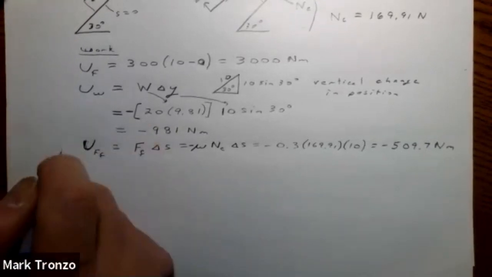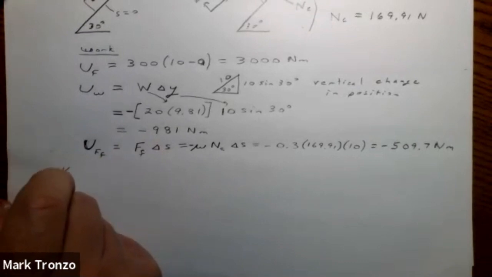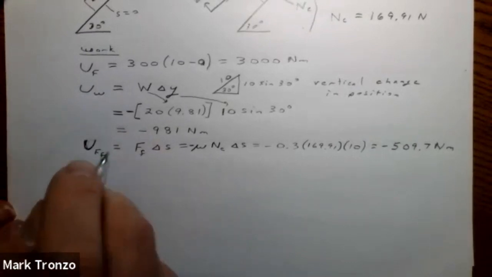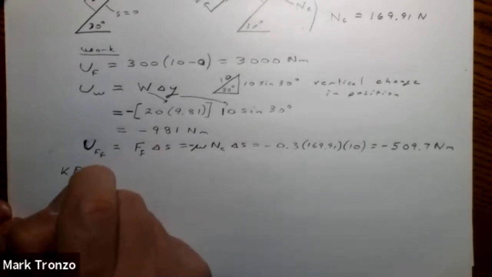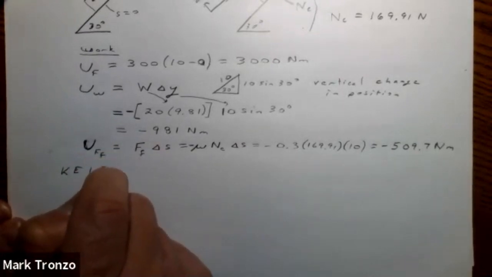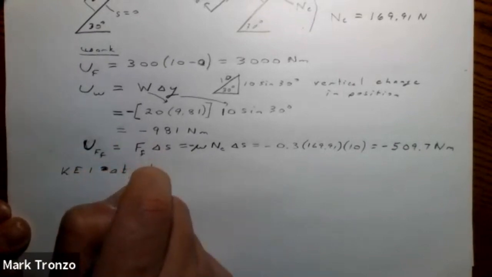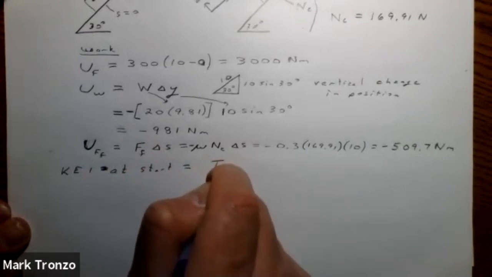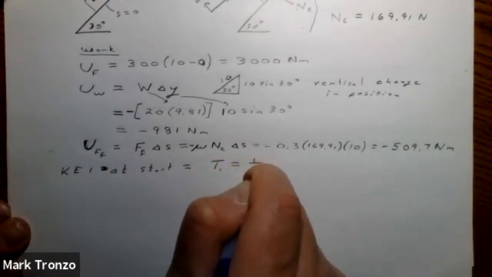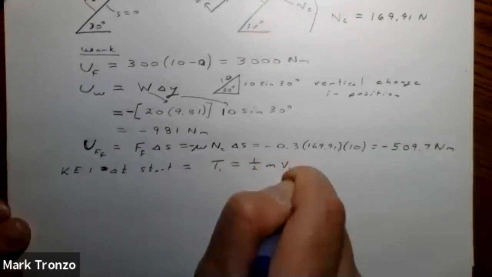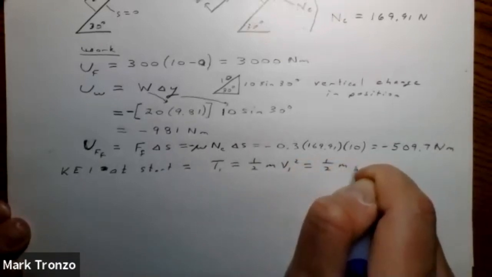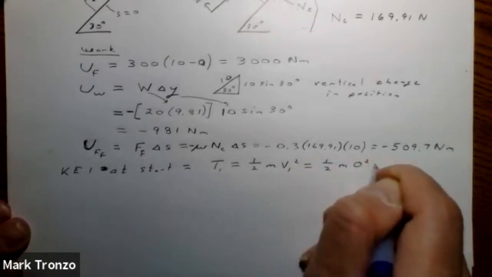And then now the kinetic energy. Once again, you don't have to put all these details and you could just put them right into the equation. But at least while we're doing this here, kinetic energy 1, at start, is going to be T1 equals 1/2 m v1 squared, but of course that's just going to be 0 because it's starting from rest.